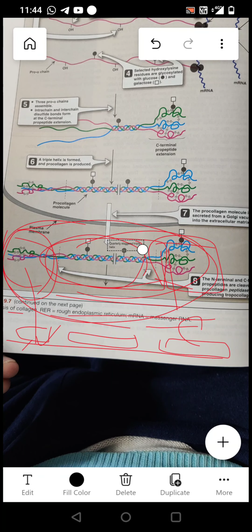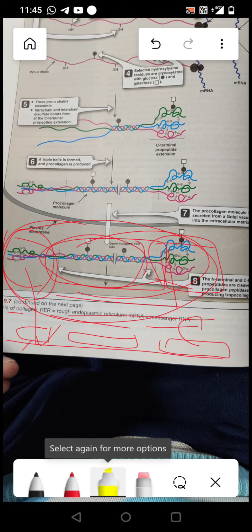Now, why do you call this quarterly staggered? I told you that to form a single fibril, you need multiple plaits. Each plait becomes a tropocollagen after the C terminal and N terminal are removed. Now, the gap that is there between them is one-fourth the length of each tropocollagen.